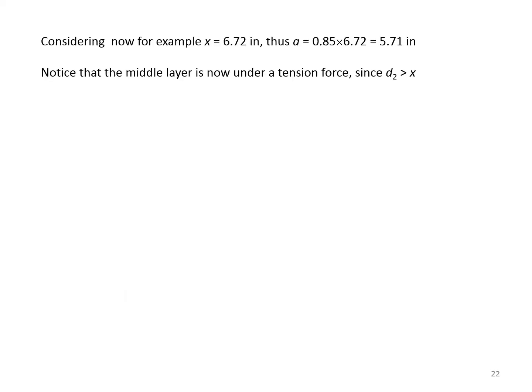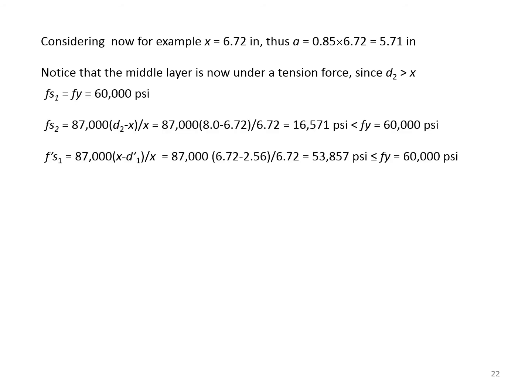Now we can pick any value for x and generate more points or more data for our interaction diagram. For example, if we select x equal to 6.72 with a being equal to 5.71, and again noticing that d2 is larger than x, therefore the middle layer would be under tension, we can find the stresses paying attention to now Fs1 is equal to Fy, which is 60,000 psi, and Fs2 and F's1 computed accordingly.